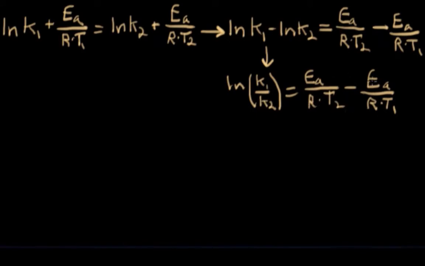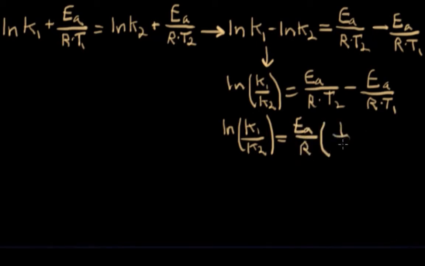Now what I'm going to do to the right side of the equation is pull out or factor out an E sub A divided by R. So we get the natural log of K1 over K2 is equal to E sub A divided by R times 1 over T2 minus 1 over T1.